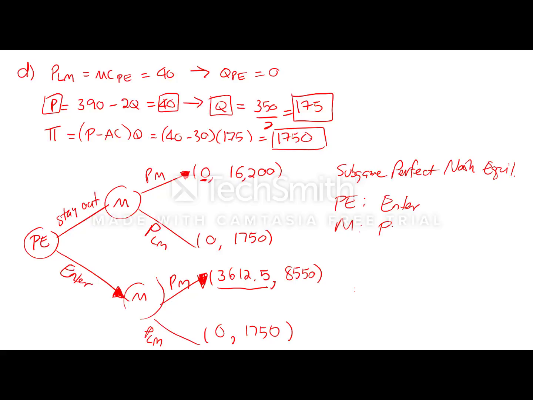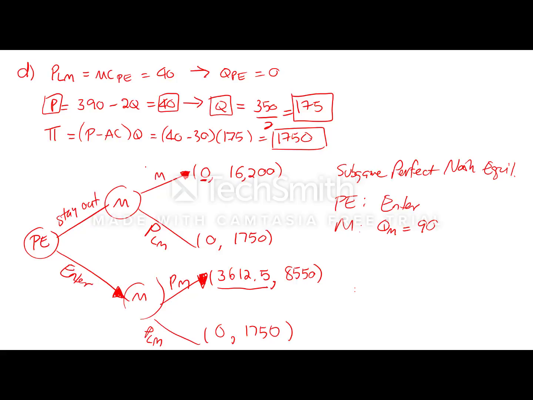So price will be equal to 210, and it will produce quantity equal to 90. We'll use quantity equal to 90 and try to maximize its profit and stick to this solution from part A without changing.